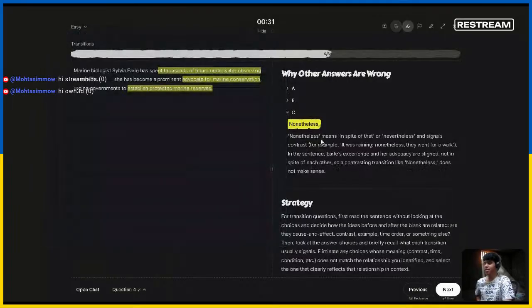Yo, I love this guy or girl who made these examples. For example, it was raining. Nonetheless, they went for a walk. It means in spite of that, or nevertheless, and signals contrast.